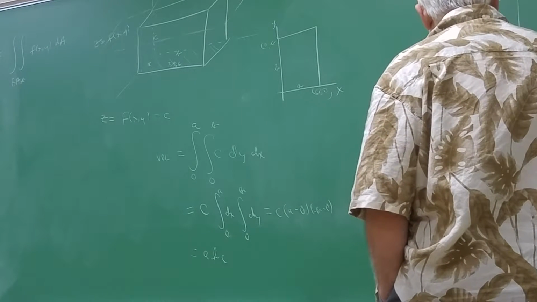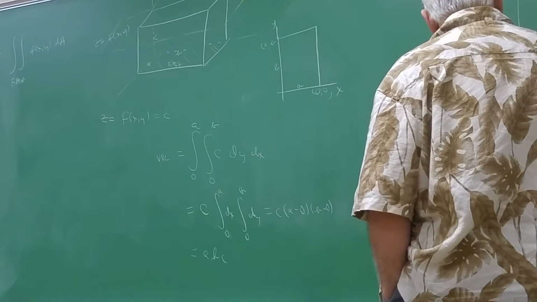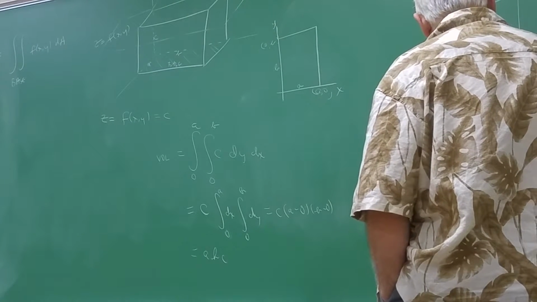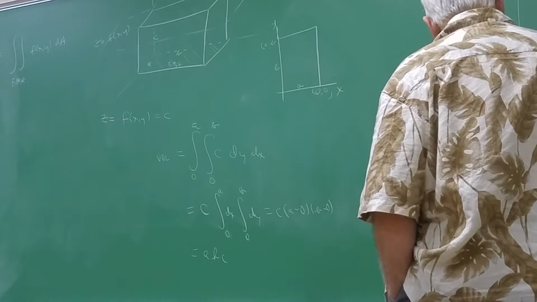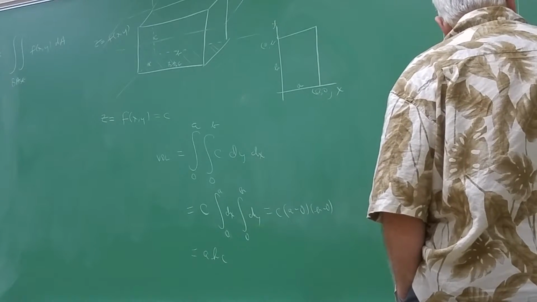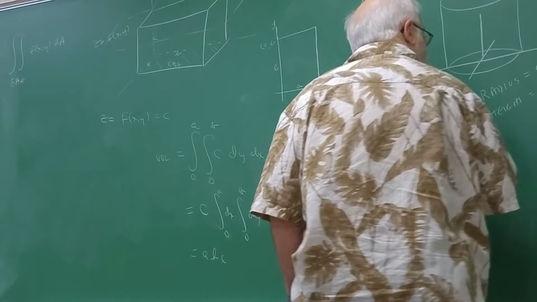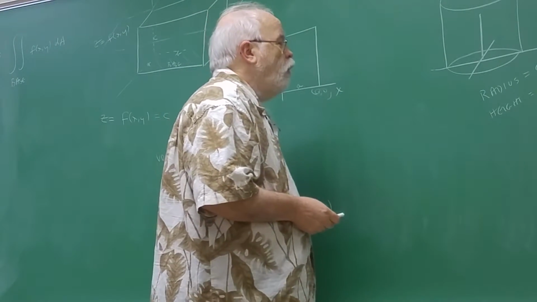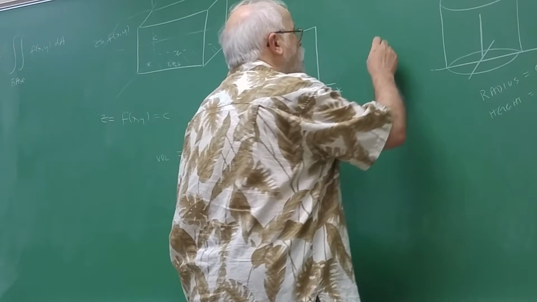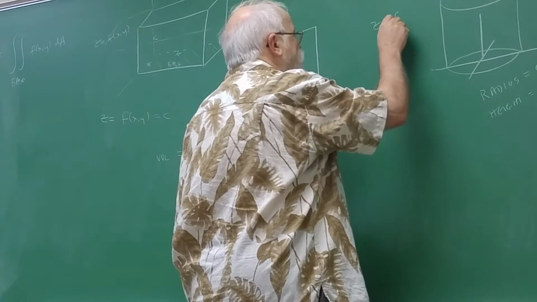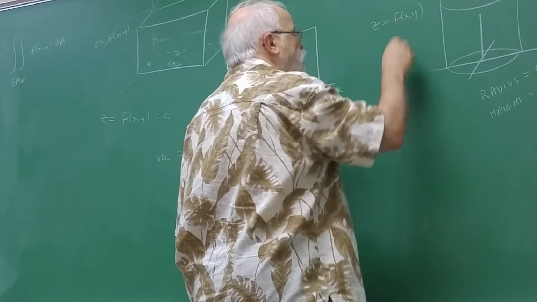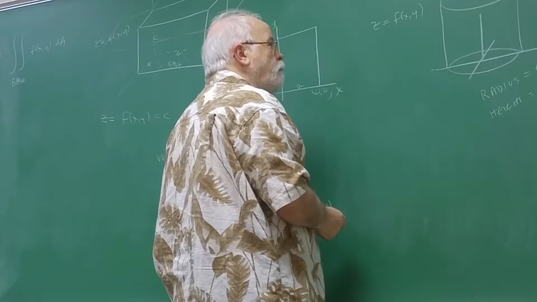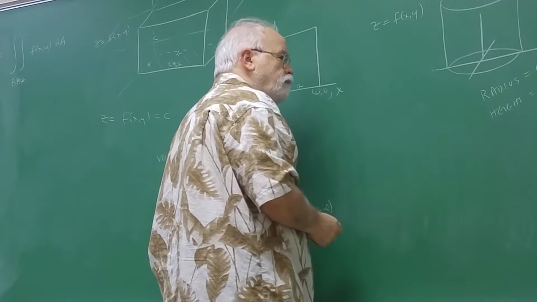Radius A, and z equals H. And so let's see, I need a function here. I want z to equal f of xy. What'll that be?